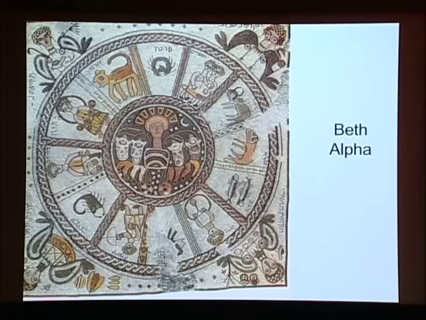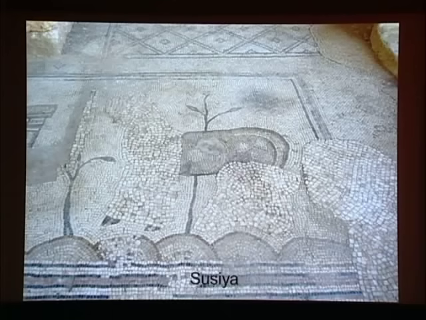And you may know that Jews have no problems with having images in their mosaic floors, this spectacular zodiac from a synagogue in northern Israel, a place called Beit Alpha, where Jews are perfectly comfortable having images of zodiacs or whatever in their synagogues. But there are also some examples where in synagogues this same deliberate elimination of images is happening.